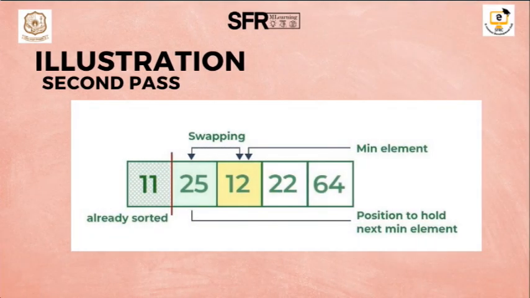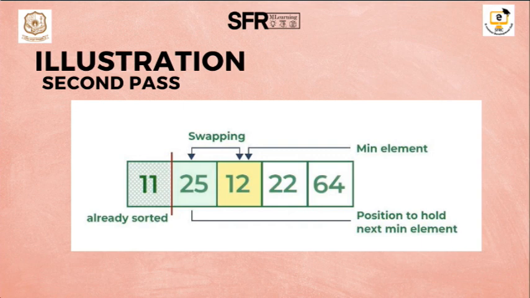In the second pass, for the second position, we are going to do the sorting. Here, where 25 is present, again traverse the rest of the array in a sequential manner. After traversing, we found that 12 is the second lowest value in the array and it should appear at the second place in the array.